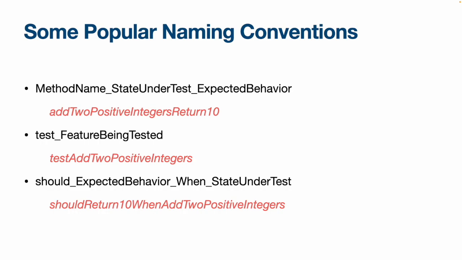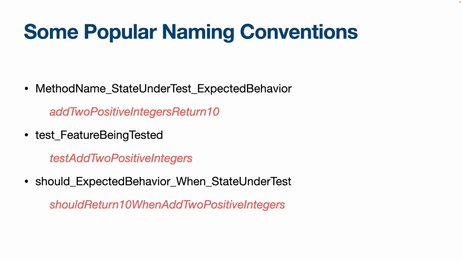First is as follows: method name, state under test, expected behavior. So if you are writing a unit test for a method that adds 2 numbers, the method name would be add_2PositiveIntegers_return10.